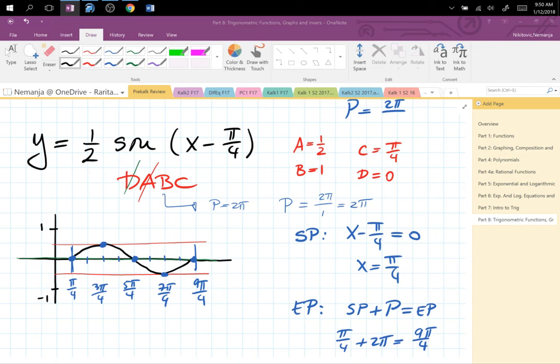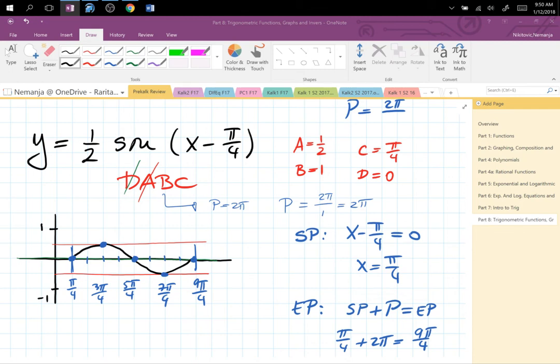So, what is good? How about y equals 3 sine of 2x, so no c. This is just for you to practice the basics. So y equals 3 sine 2x minus 1.